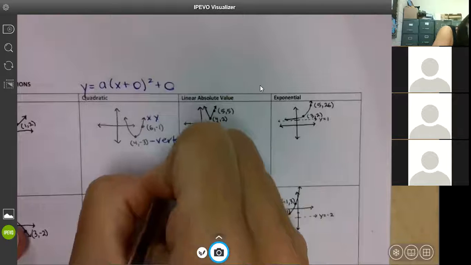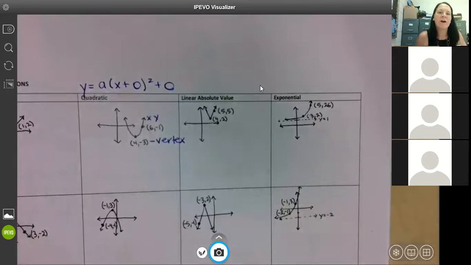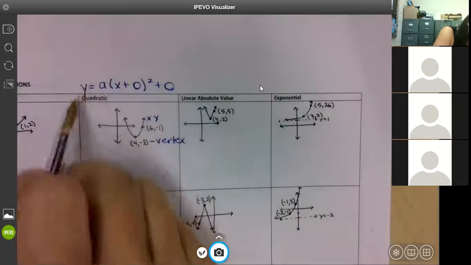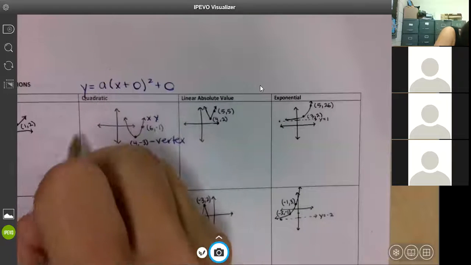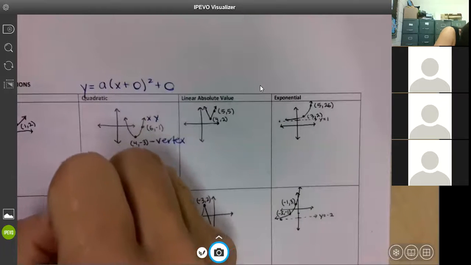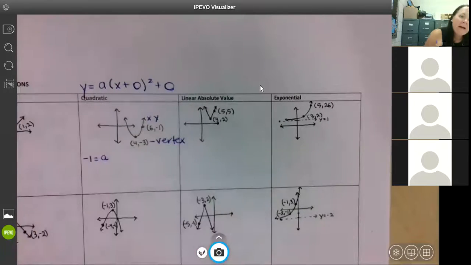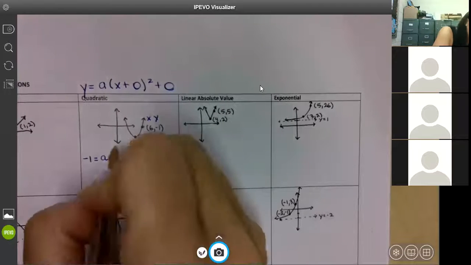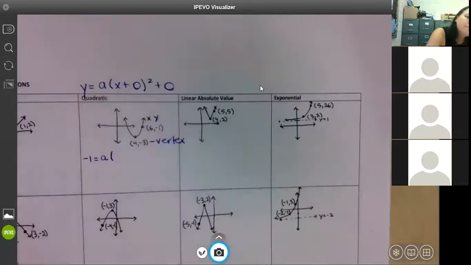So listen carefully because this one and absolute value are pretty much exactly the same, okay? Your y coordinate that's going to fill this in is going to be -1. We are looking for a, so it'll stay a. What is your x coordinate? 6. Yes, use that coordinate 6.